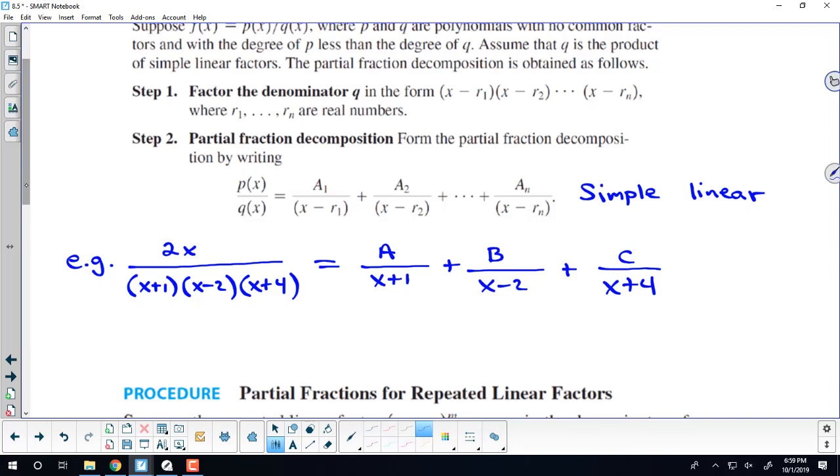So each simple linear factor needs to be over a constant. And then usually the difficulty here is, once we've set this equation up, we have to solve for A, B, and C.